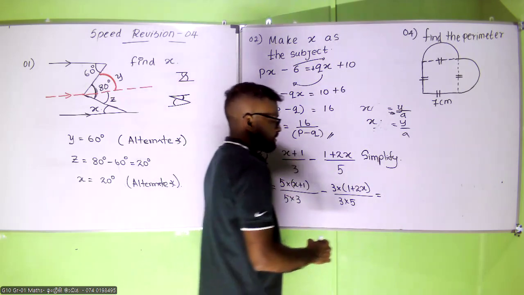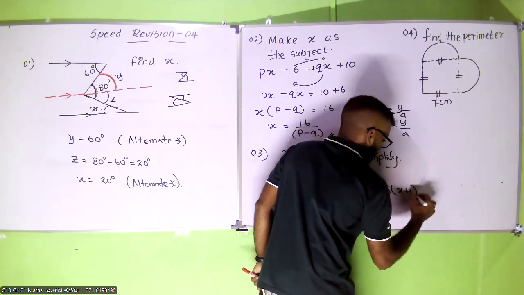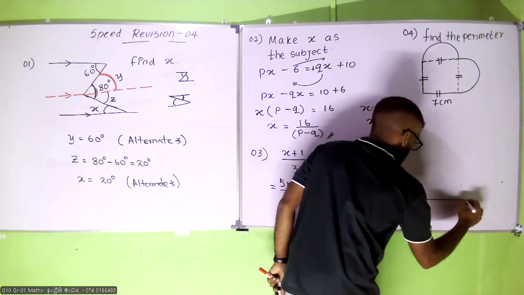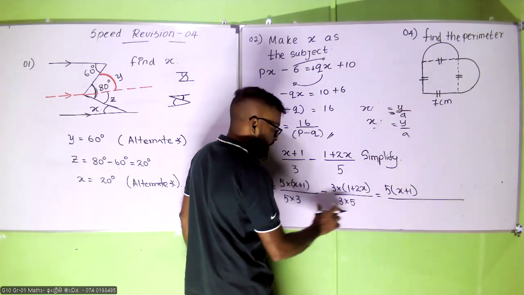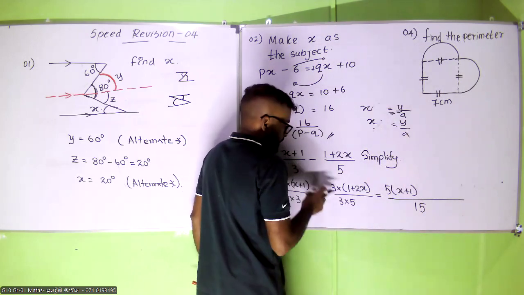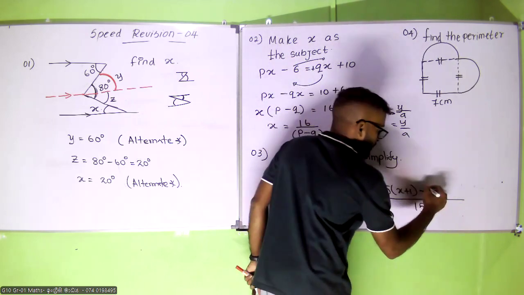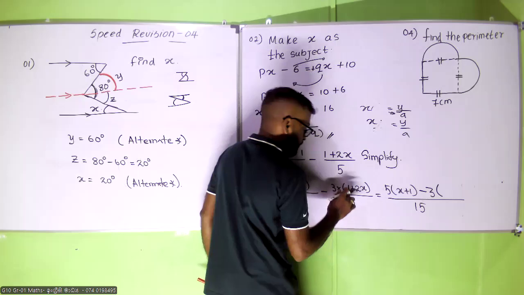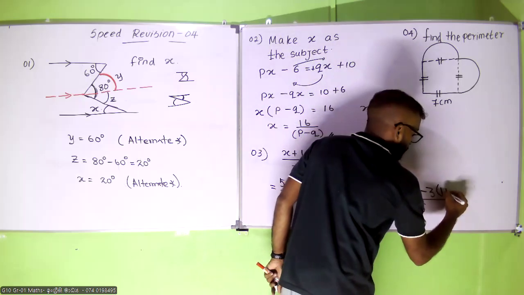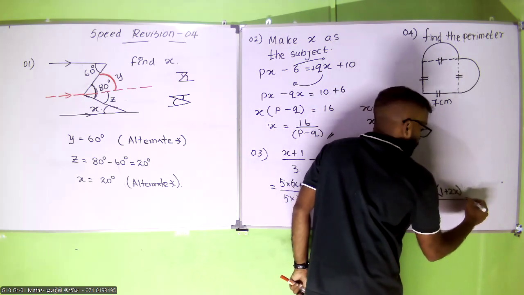I will keep this as it is, 5 times x plus 1, right? So that I will take my common denominator 15, 15 like this, and here minus, here we have 3, open bracket, 1 plus 2x. So same thing has been written, right? By using the common denominator.